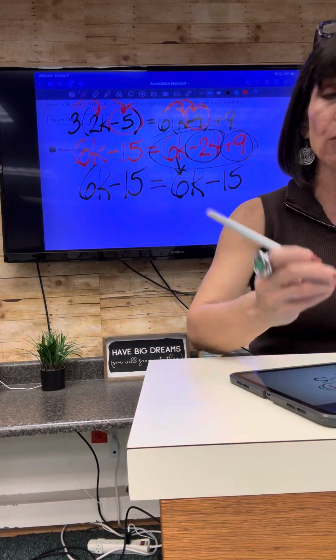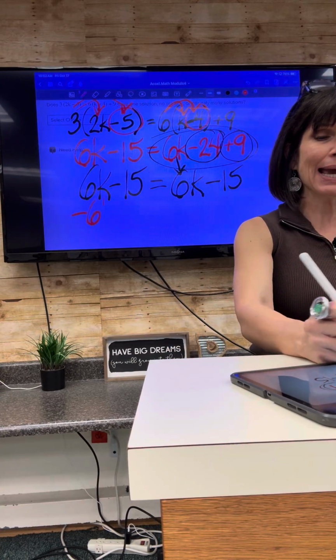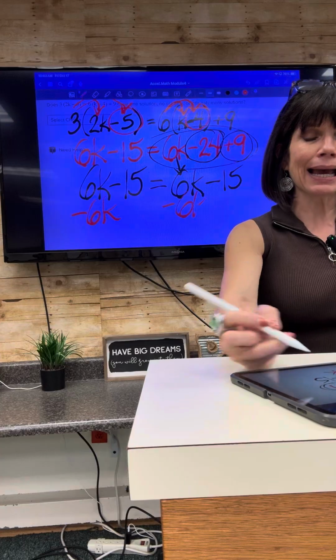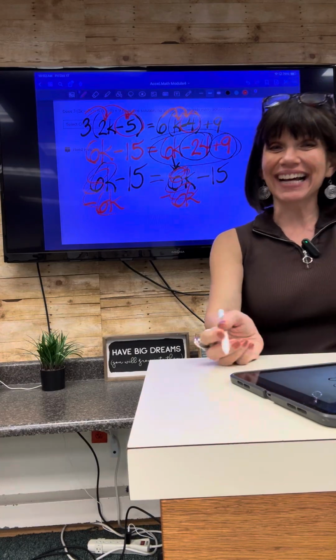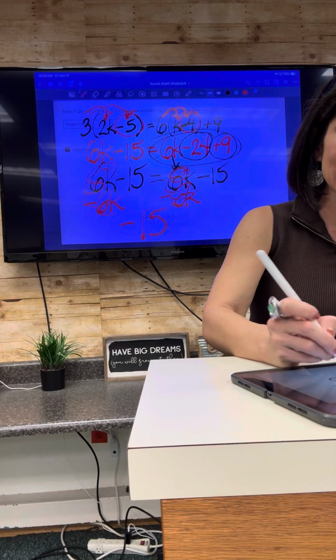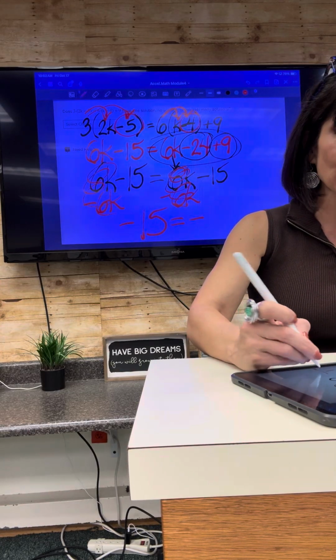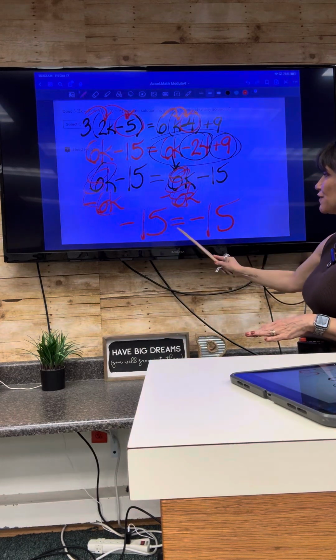What amount of k will I subtract on both sides? Minus 6k. So what amount am I left with on both sides? Negative 15 equals negative 15. Hey, samesies.